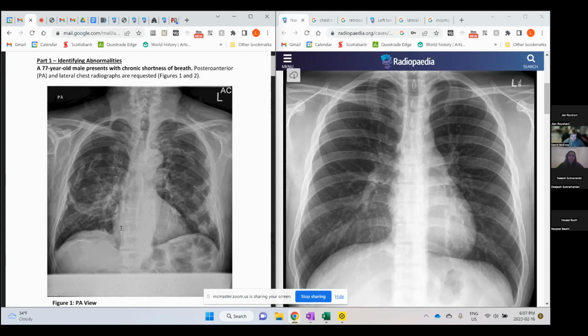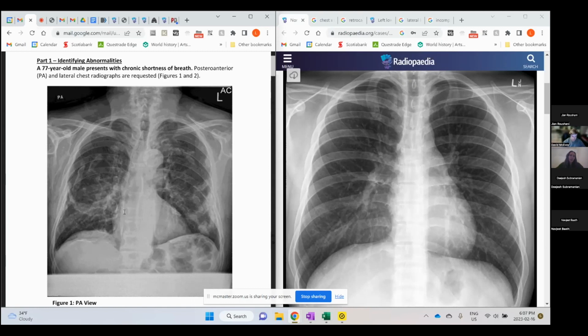And then I look at the heart, or I guess mediastinum, and look if the contour is normal in size, and if it's being shadowed anywhere.